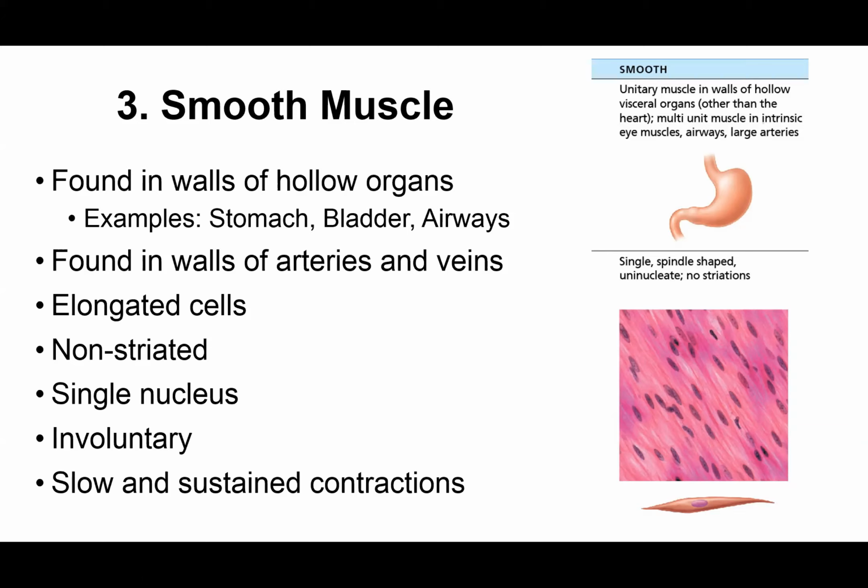For example, when you're cold, you think of your fingertips and your toes, for example, tend to get cold faster than the core of your body. That's because the vessels in your fingertips and your toes actually get smaller. They vasoconstrict in order to preserve heat and redirect heat to the center of your body.